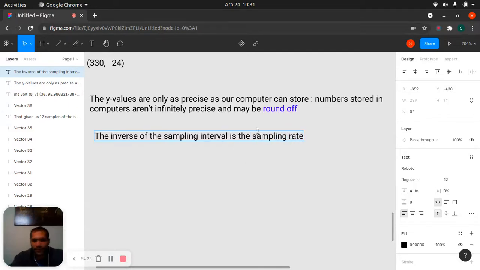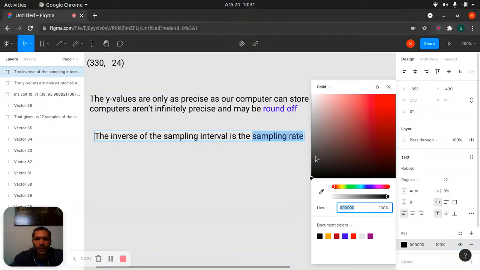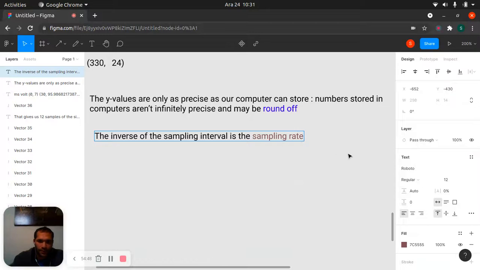Let's take it again in place. You can do it in some color, maybe to represent it, something like that. This is looking a little different than the other color. Sampling rate, and let's write it.